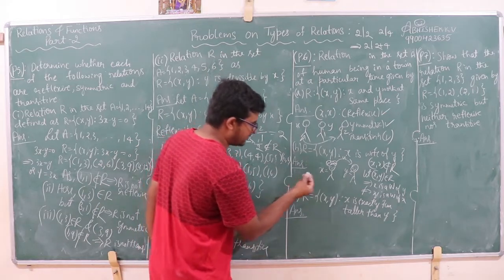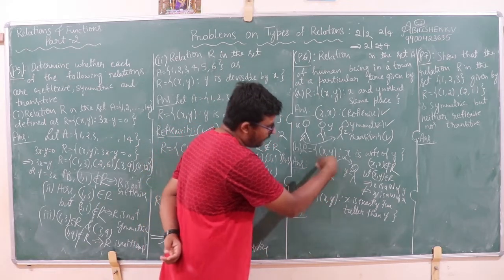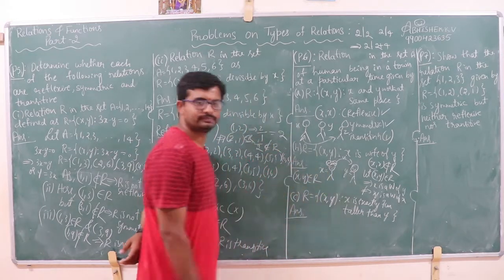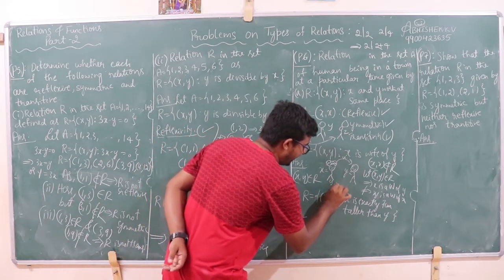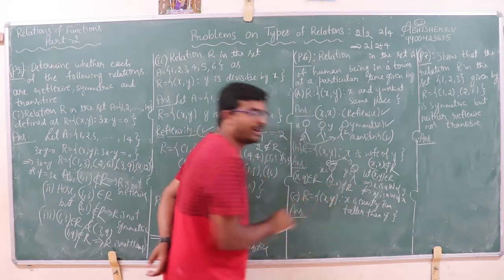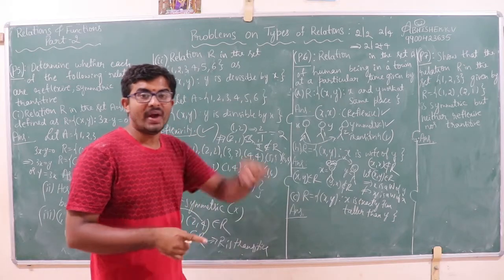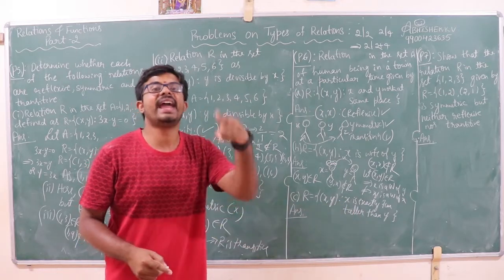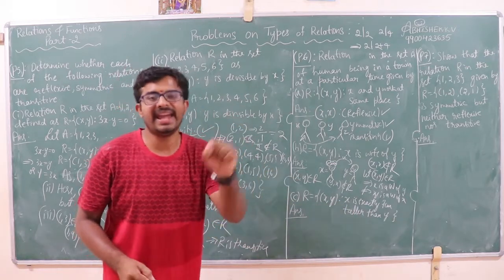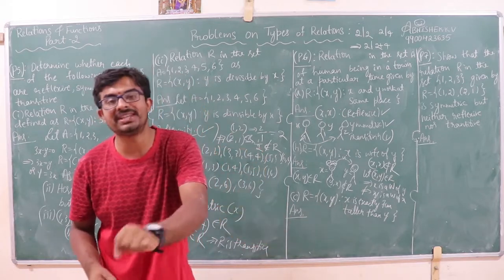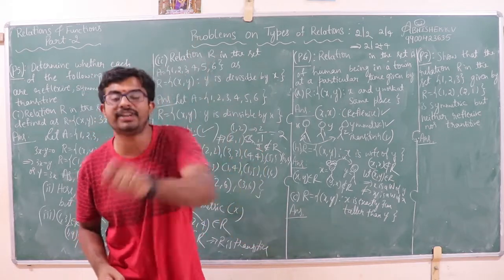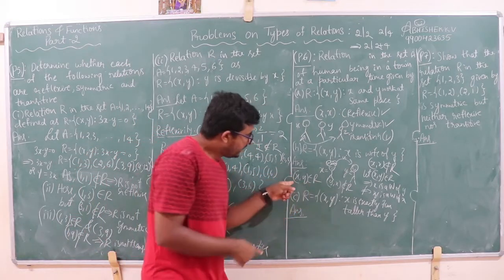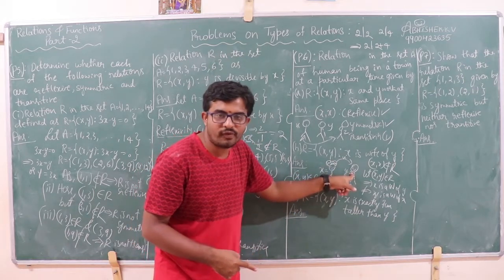Then consider the next one: transitivity. If x is a wife of y, then x and y belong to the relation R, but y and x do not belong to the relation R. According to transitivity, if A, B belongs to the relation R and B, C belongs to the relation R, then only we need to check whether A is related to C. But here we have only one ordered pair: x is related to y, that is x is a wife of y.